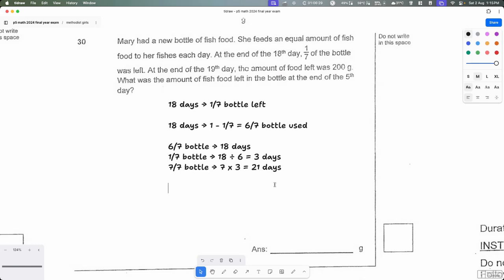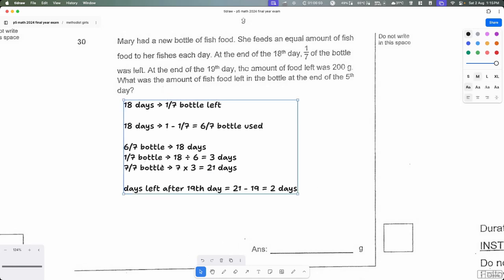So the days left after the 19th day is 21 minus 19, which is 2 days. So that means for 2 days, we are left with 200 grams.